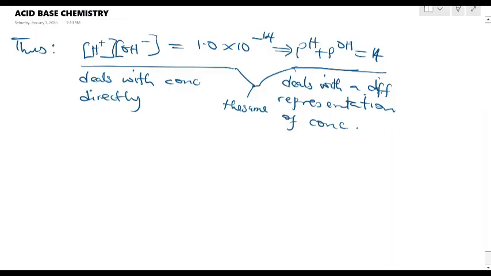Now we want to look at an example. Example 1. In this example, we want to look for the pOH or hydroxide concentration of a glycine solution.